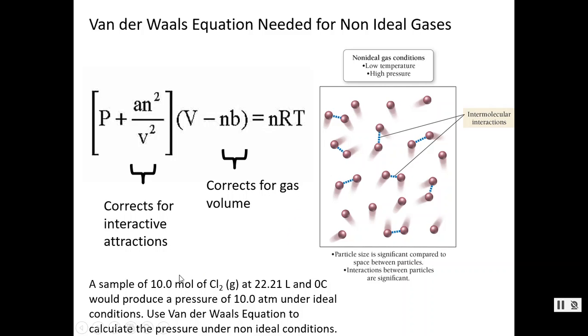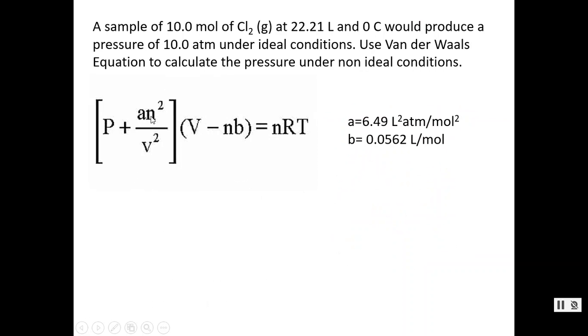Let's say I have a certain mole amount of chlorine gas at a certain volume and temperature, and I know that under ideal conditions the pressure would be 10 atmospheres. I'm going to use the van der Waals equation to see what the pressure is under non-ideal conditions.